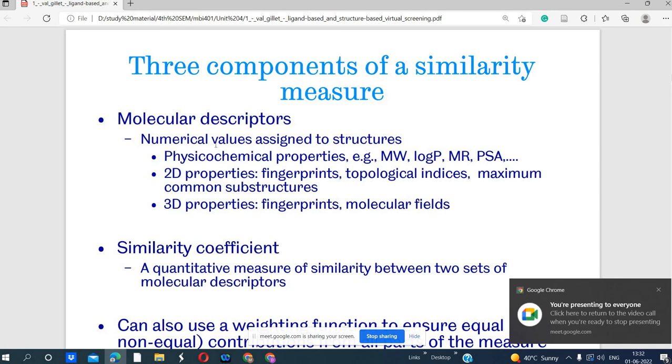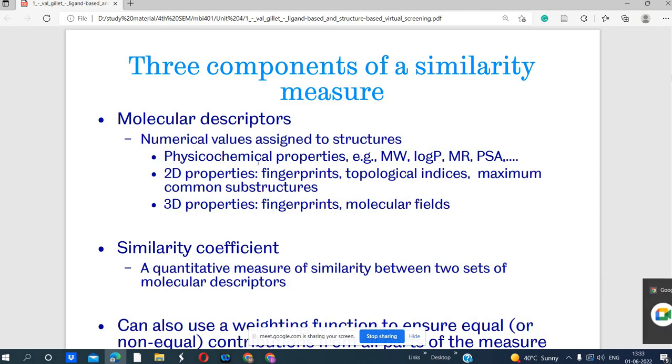Okay, so within the numerical values assigned to the structure, there are physico-chemical properties like molecular weight, log P value, molecular refractivity, and 2D properties like fingerprint, topological indices, maximum common substructure. 3D properties: fingerprints, molecular fields. So these are the different properties.